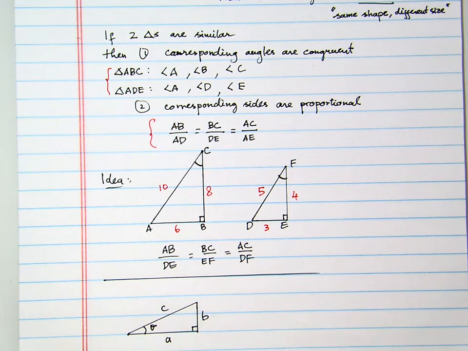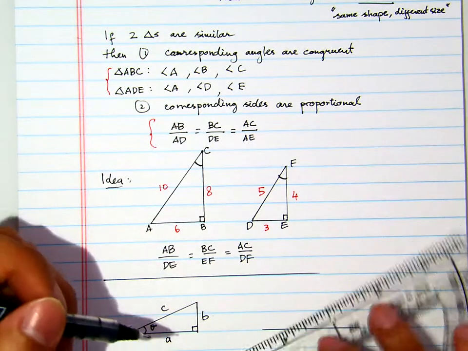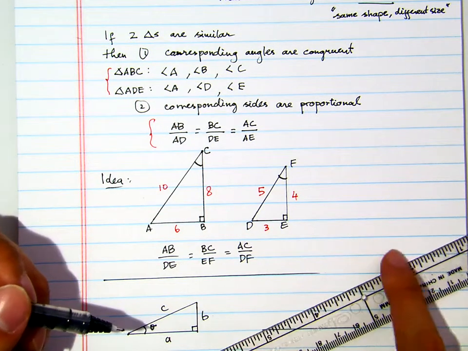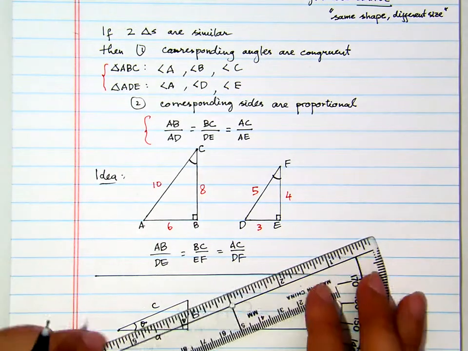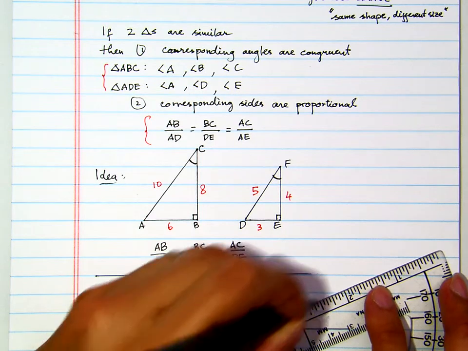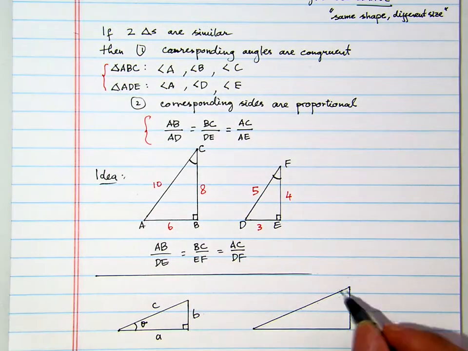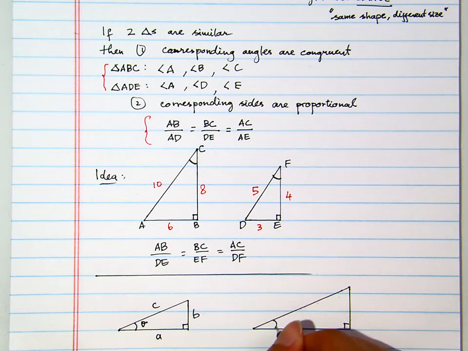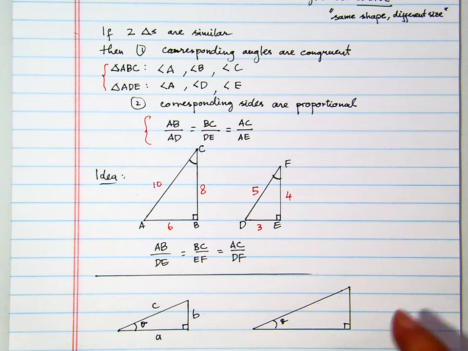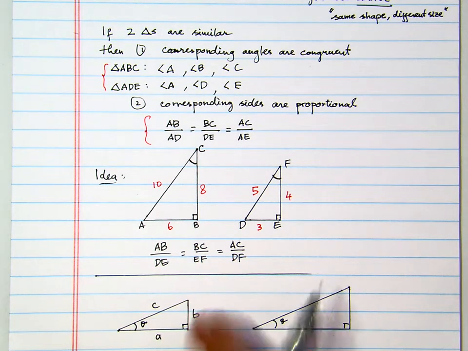Then if I have another similar triangle, approximately like this, a right triangle with angle theta here too, then the ratio of these three sides must be proportional to the ratio of those three sides.